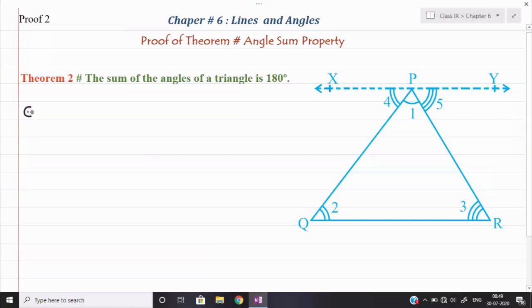In the given, first I will mention: in triangle PQR, angle 1, angle 2 and angle 3 are interior angles.